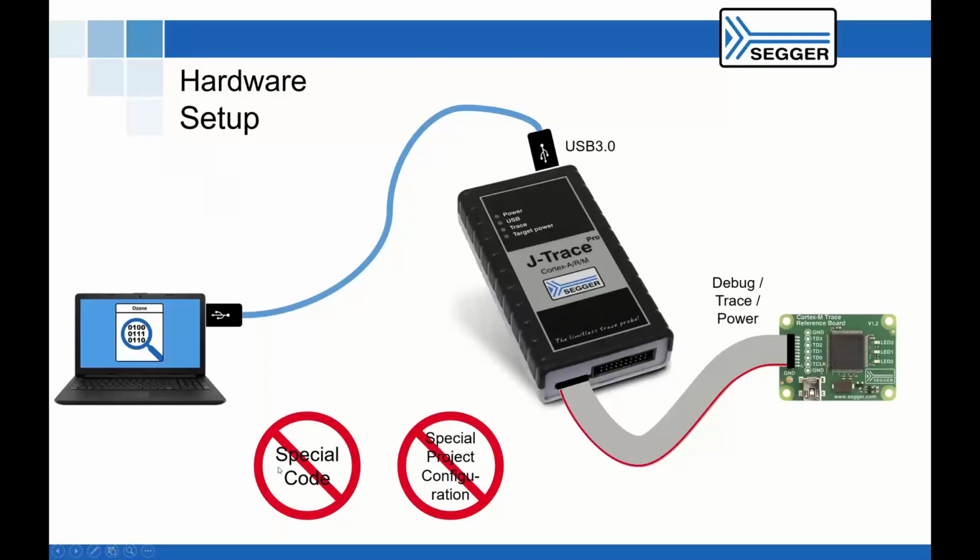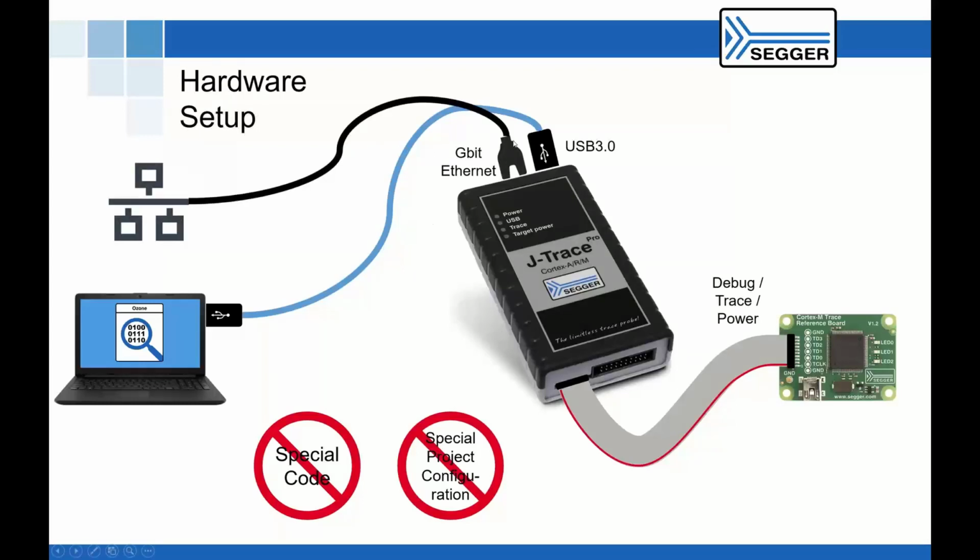And you don't need any special code, so there's no instrumentation necessary or any special project configuration. This is all non-intrusive and easy to set up. So just as a note here, in addition to, or instead of the USB 3.0, you can also hook up the JTrace Pro over the Gigabit Ethernet interface if that's more suitable for your environment.